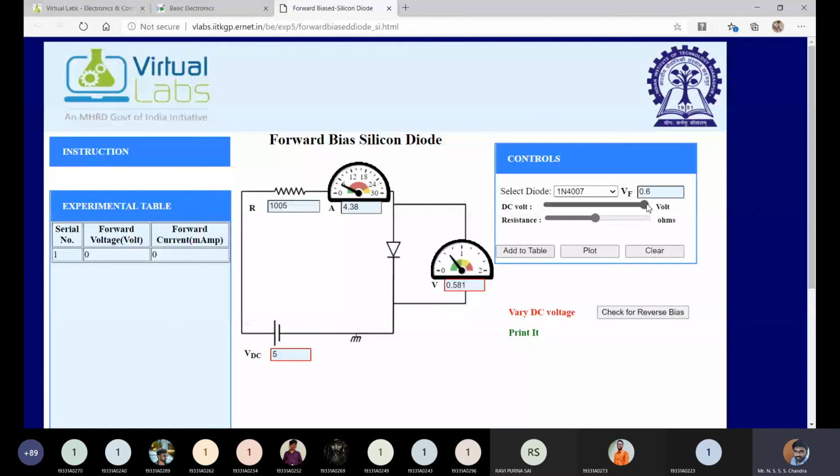For 0.3, it is still 0. So the next point I'll take somewhere around 0.6. Still the voltage is reading 0. So I'll go for 0.7.